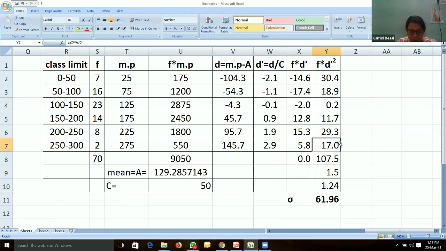For this, the formula is square root of summation f d dash square divided by n, minus summation f d dash divided by n, whole square.